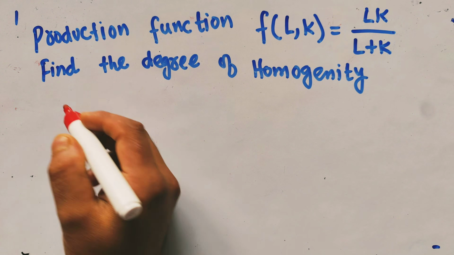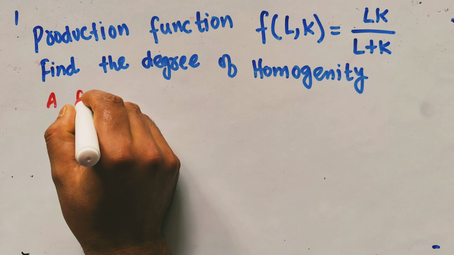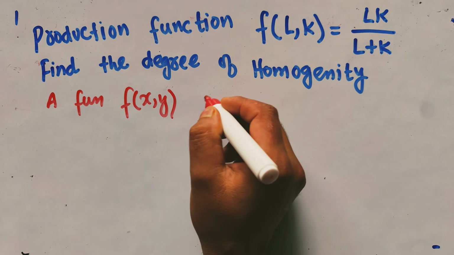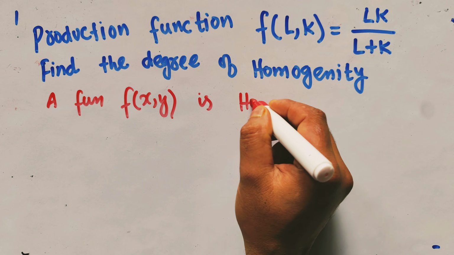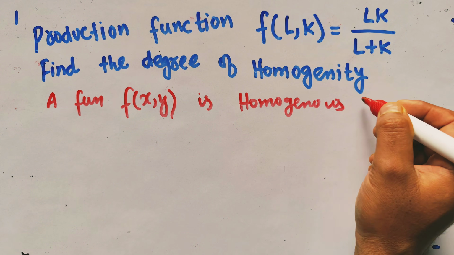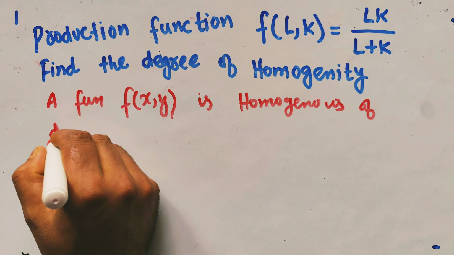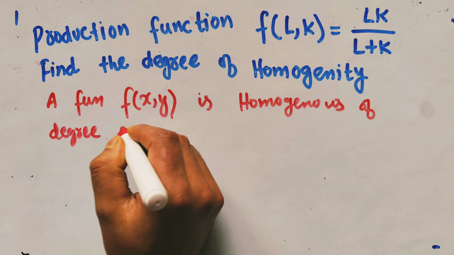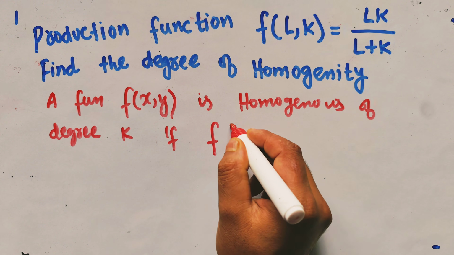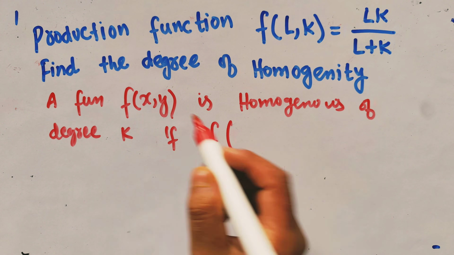We say a function, let us say f(x, y), is homogeneous of degree k if I multiply each of the variables by lambda.